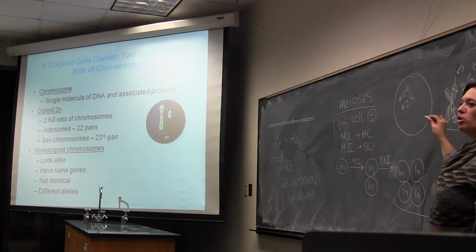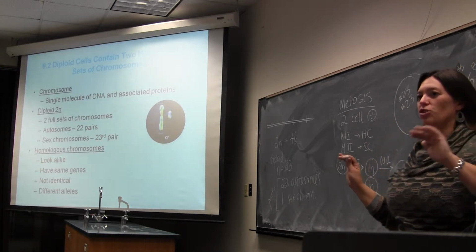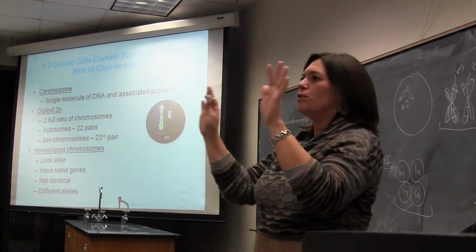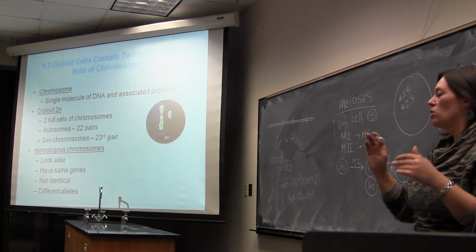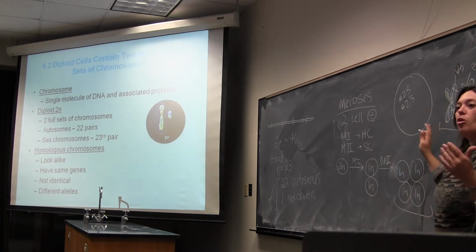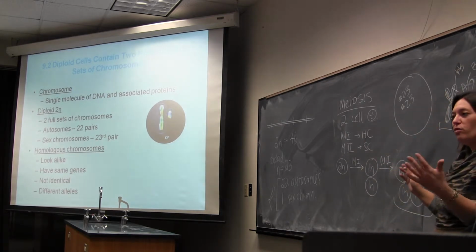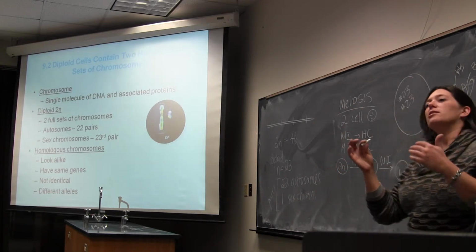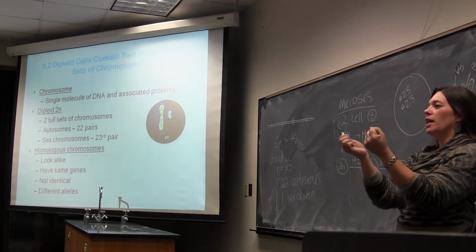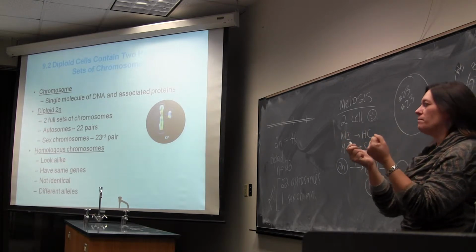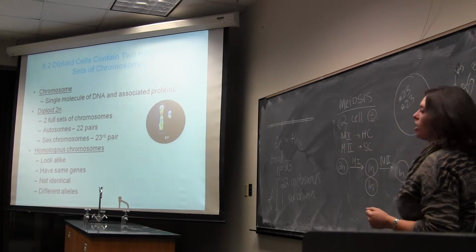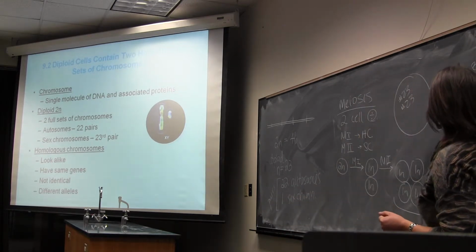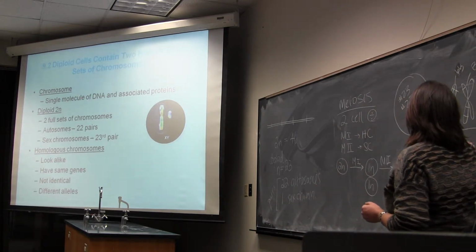So it's the same chromosome, it's just different versions of the gene. You can either have the brown-eyed version of the gene or the blue-eyed version of the gene, but it's still the gene for eye color, which is why these are going to be homologous. Homo means the same, and so if we say homologous chromosomes or homologs, that means they're the set that came from mom and dad. And by the way, I keep talking about these different versions of genes. Those different versions are called alleles.